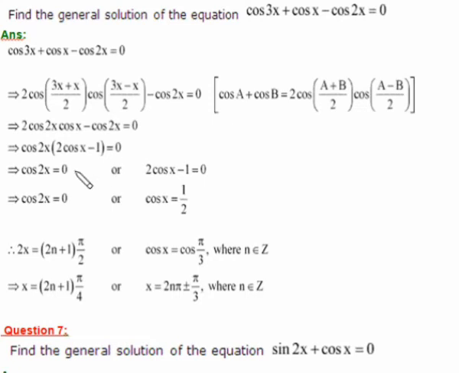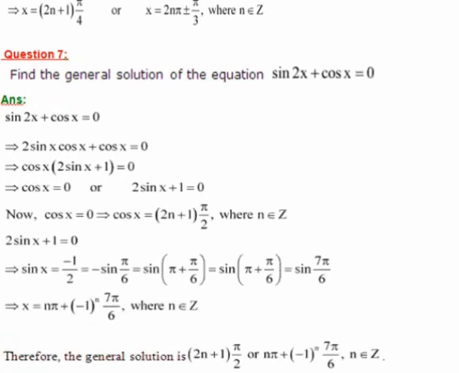We equate it with 0. cos 2x is equal to 0; we know its general solution already. 2x is equal to (2n + 1)π/2. We take the 2 to the other side: x is equal to (2n + 1)π/4. Similarly, for 2 cos x − 1 equal to 0, cos x is equal to 1/2, cos x is equal to cos π/3, and x is equal to 2nπ ± π/3.